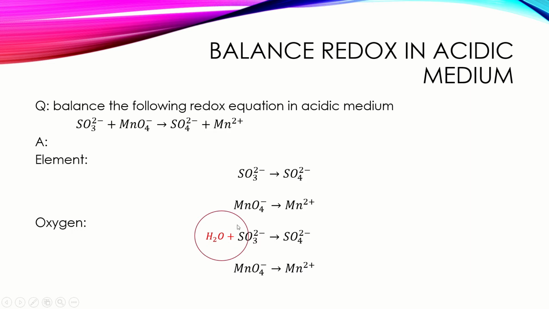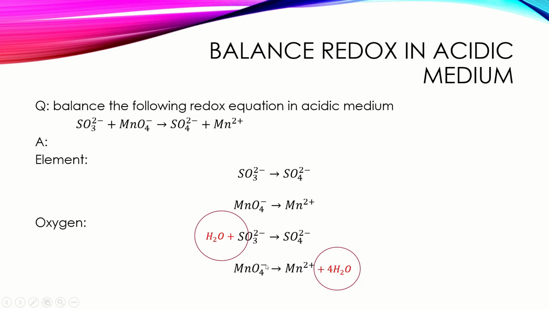One mole of H2O has 1 oxygen atom. So 1 oxygen atom plus 3 oxygen atoms in SO3 2- equals 4 oxygen atoms. So we have balanced the oxygen in the oxidation equation. Now let's balance the reduction reaction.